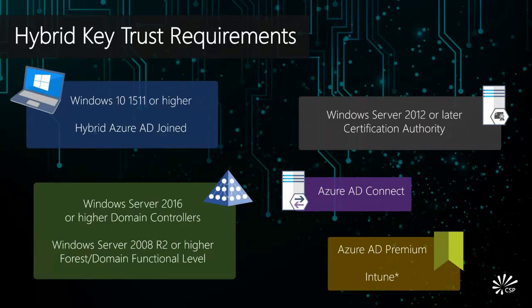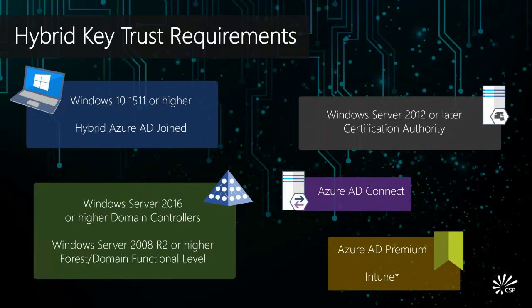I do have listed here Windows Server 2012 or later for a certification authority or PKI. You could technically use a third-party PKI here. You don't necessarily have to use Windows-based certificate services, but it's a lot easier because there's going to be some dependencies, and we'll walk through those.